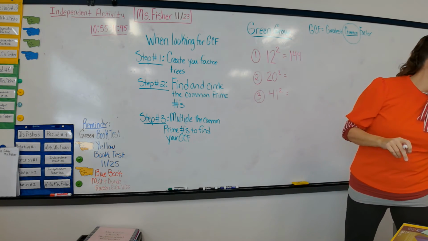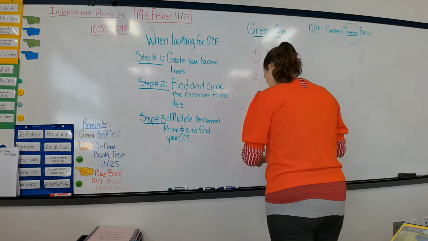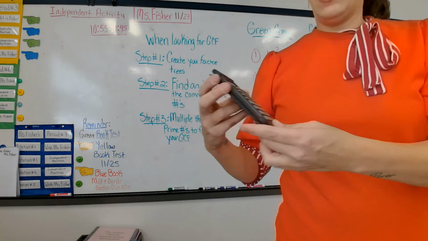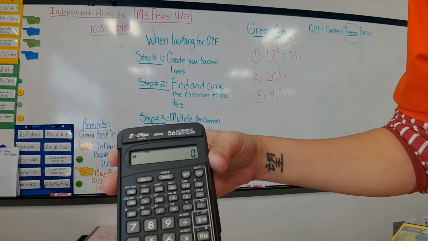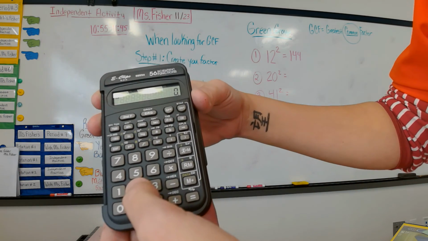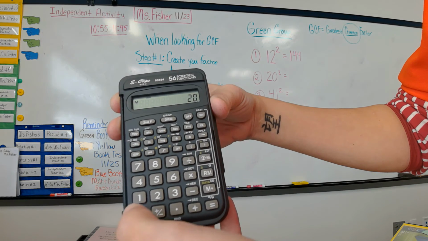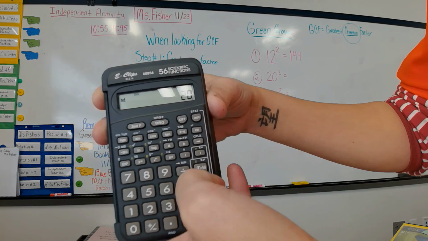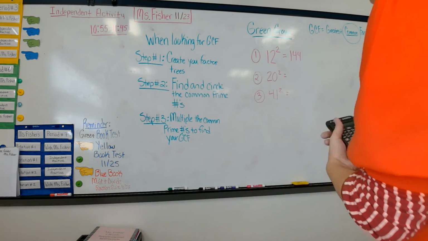Okay. So we're just going to clear that out. All right. So again, if I'm hitting 20 squared, I'm just going to hit my 2, hit my 0, and then my square button, right? And it gives me 400.